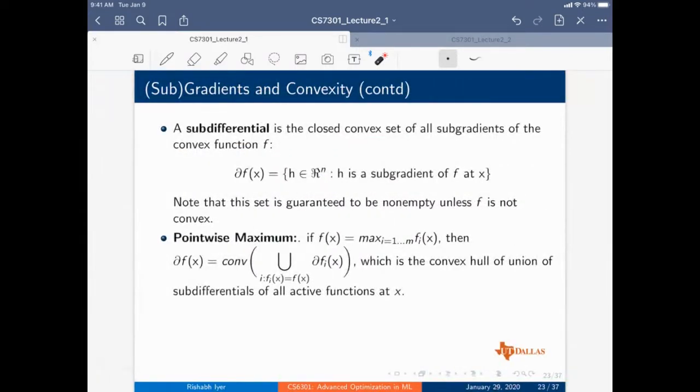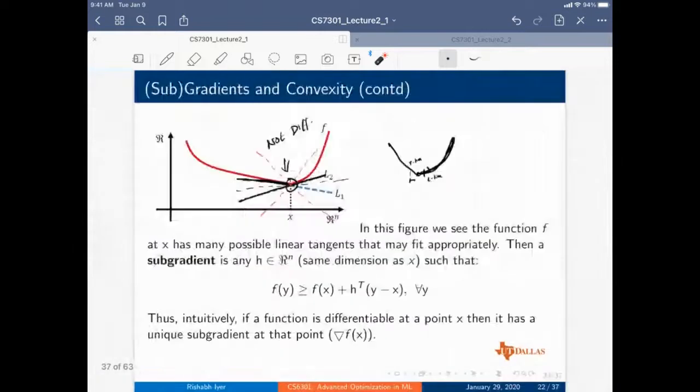So the subdifferential in this case actually has a nice property. It's a convex hull of the subdifferentials at the set of points where these functions meet, right? So in some sense, coming back to this example, over here these functions meet at this point.